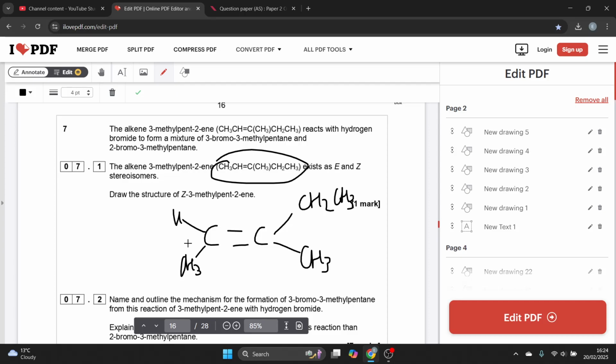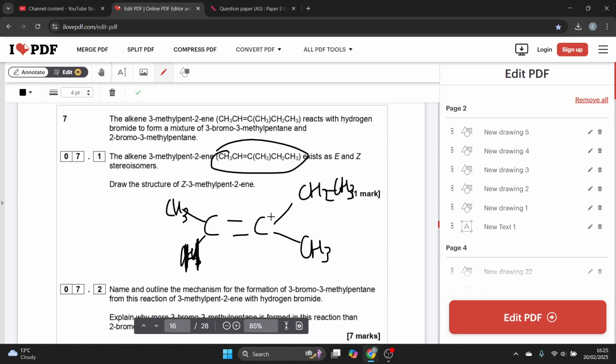In this case, CH3 would be here, and then the hydrogen would be here. Z-3-methylpent-2-ene, there we go. And show the bond here, CH2/CH3.